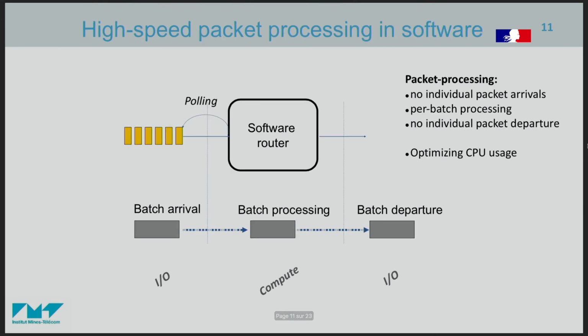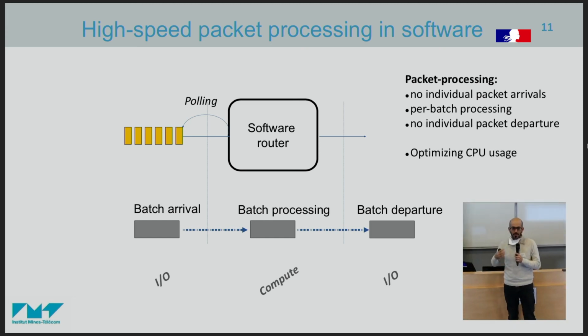In high-speed software packet processing, the processing of the packet is not handled on a per-packet basis, so you do not have individual packet arrivals, you have batch arrivals, and you have batch processing. And this particular approach is very effective on optimizing the CPU usage.